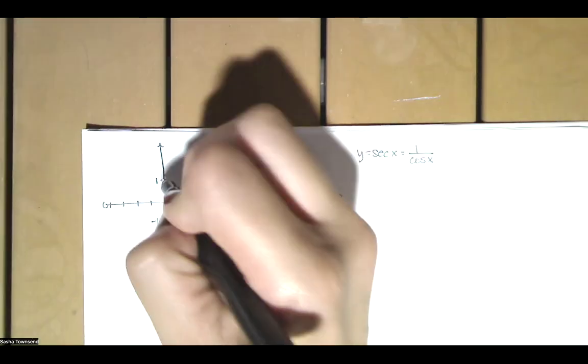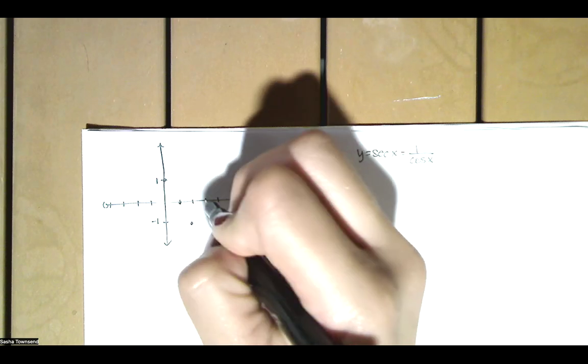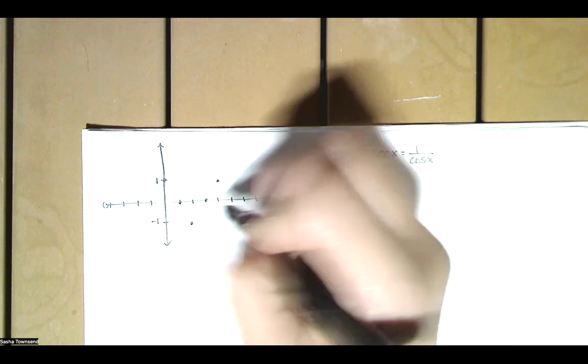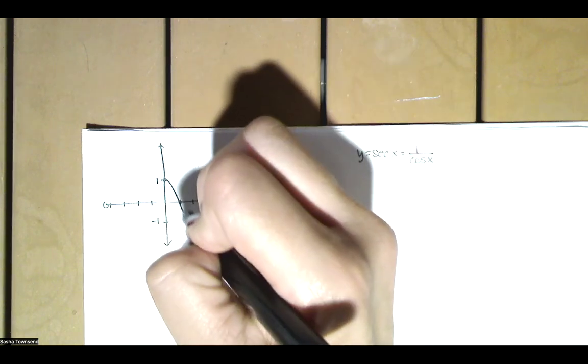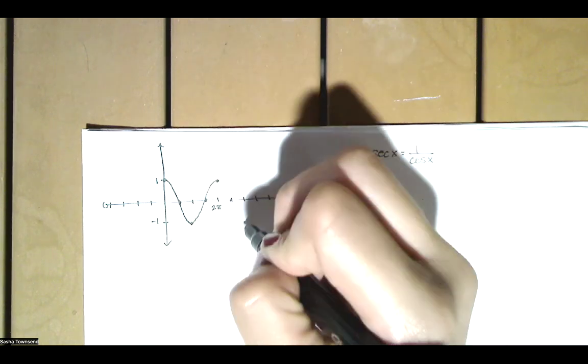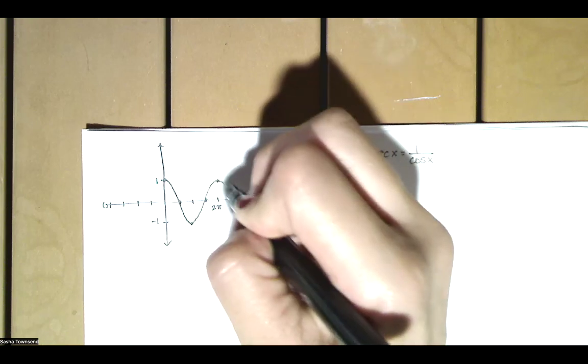Now cosine starts at 1, and again, we've talked about this before. It starts at 1, then it's 0, then it's -1, then it's 0, then it goes back to +1, and that happens every 2 pi radians. And then it repeats: 0, -1, 0, +1.